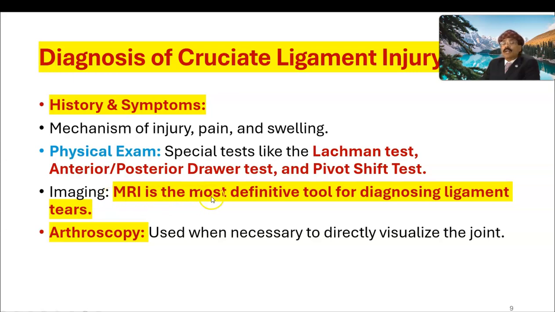Imaging: MRI is the definitive tool for diagnosing ligament tear. This is the gold standard, MRI. Do we need a plain X-ray? Yes. Sometimes plain X-ray may be required to find out any bony fracture around the knee joint. Arthroscopy is used when necessary to directly visualize the joint.